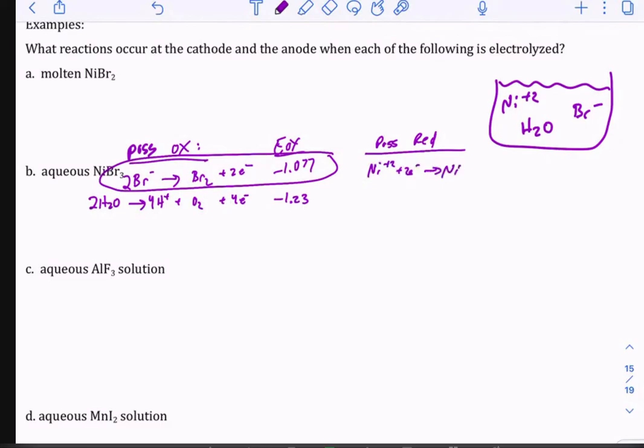All right, and the potential for that, yeah, negative 0.25. And then water. All right, water can be reduced. So the highest of the reduction category is the nickel.